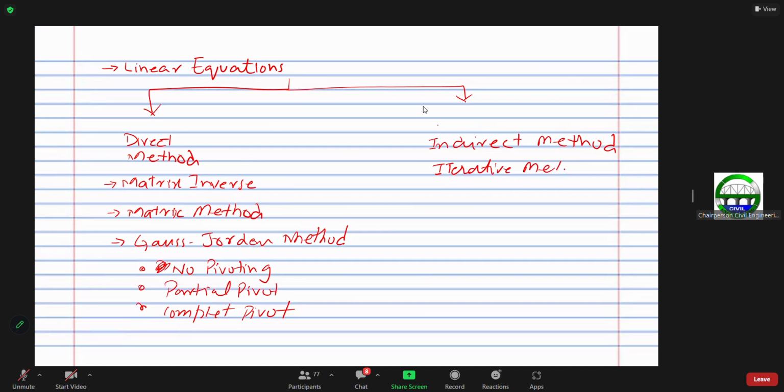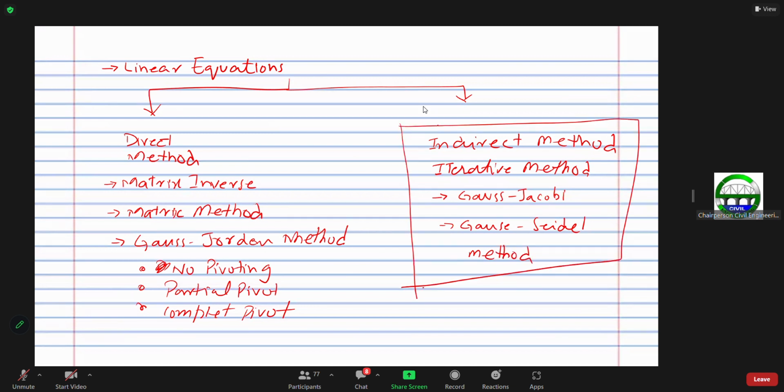In iterative methods, we will focus on two methods: the Gauss-Jacobi method and the Gauss-Seidel method. We're going to talk about these two things today.